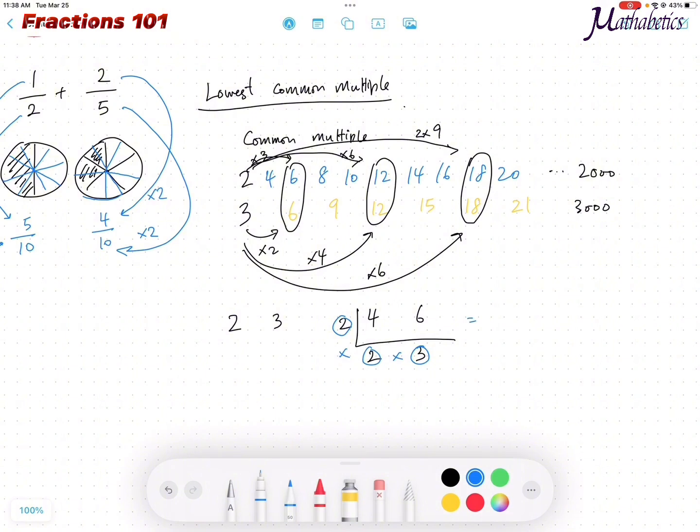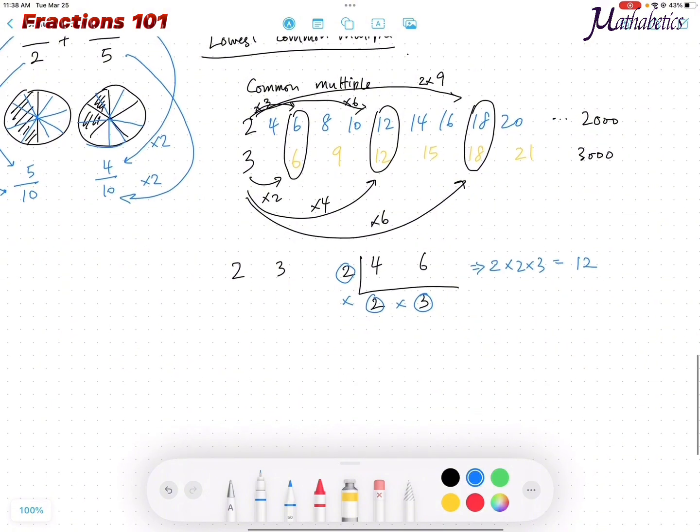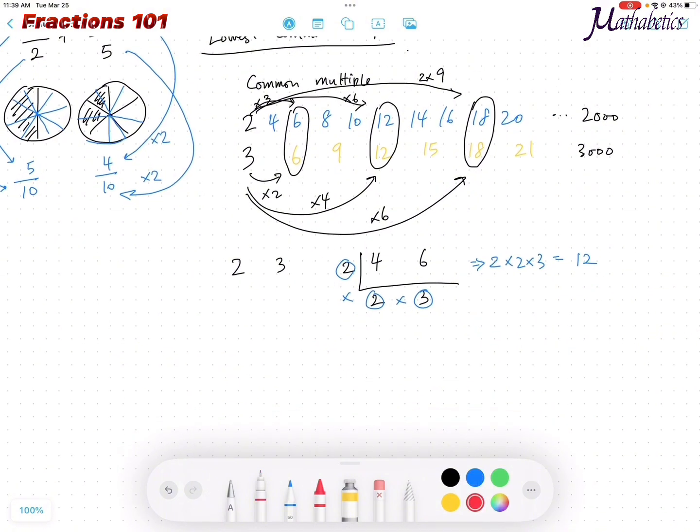And so you have 2 times 2 times 3, and you get 12. But that's only for 4 and 6. But if we have 2 and 3, we cannot simplify them. There's no number. So we just simply multiply them and we get 6. And you can see that.